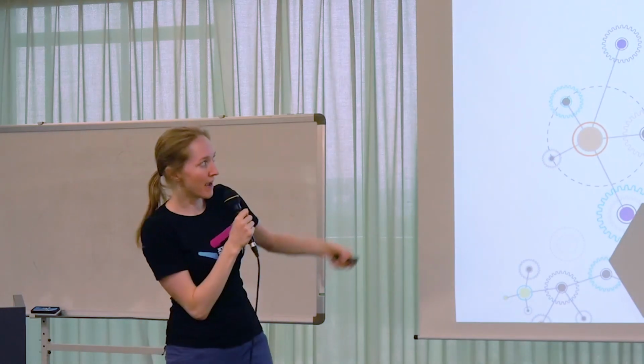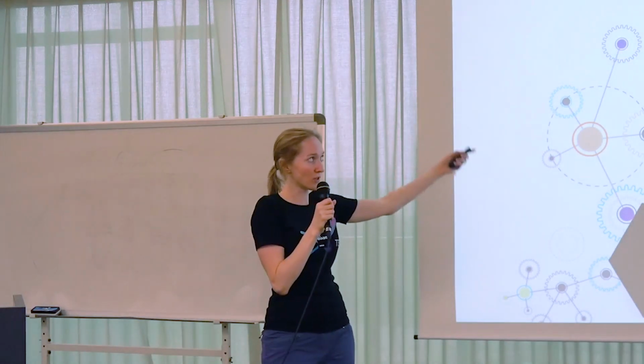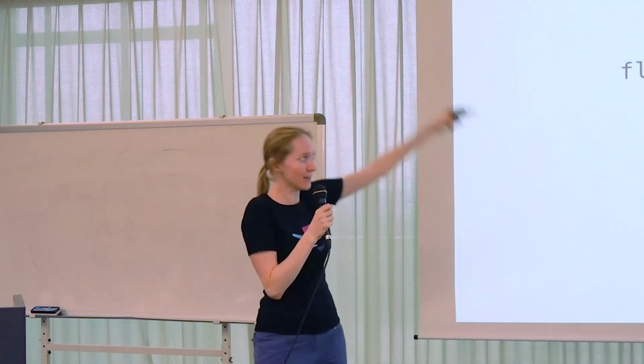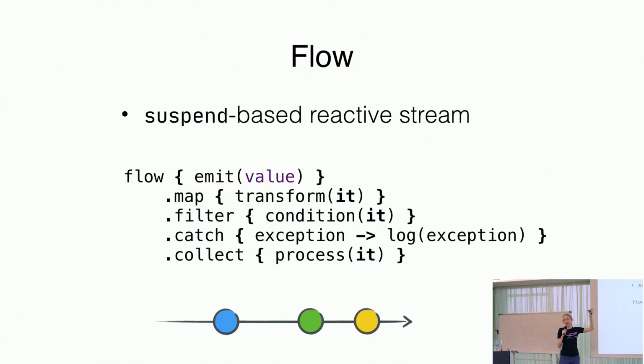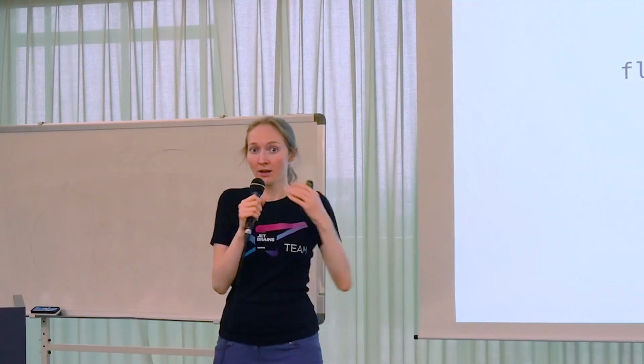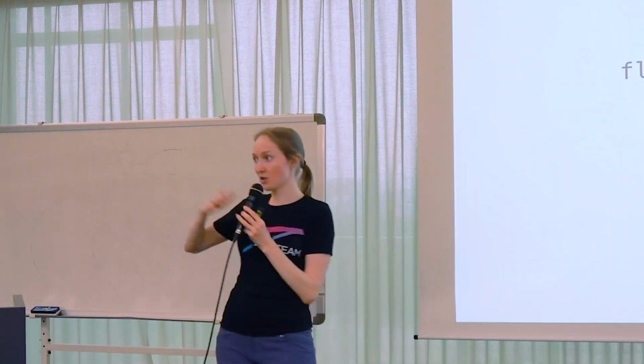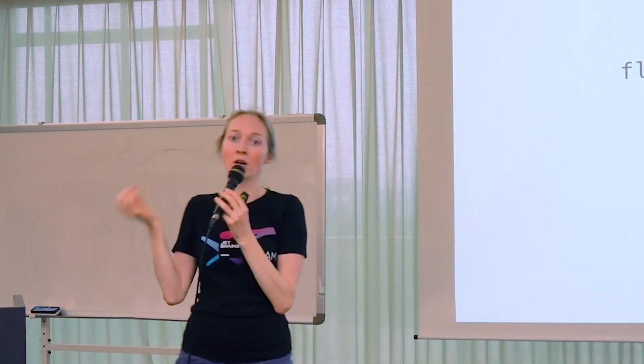Because of that, now the authors of the coroutines library want to bring suspend-based reactive streams to the coroutine library. So now, if people use coroutines and they need reactive streams, they can use Flow. That is something so far in experimental stage, but it is going to be released really soon.